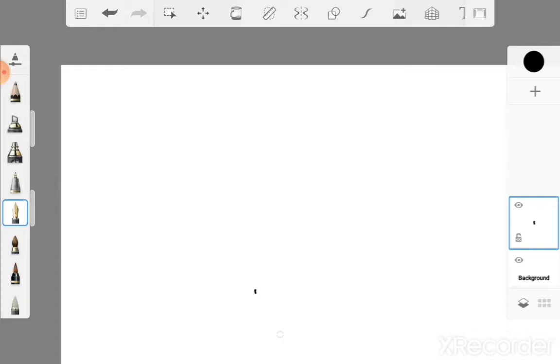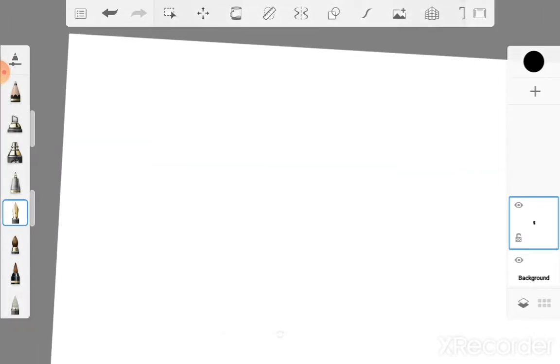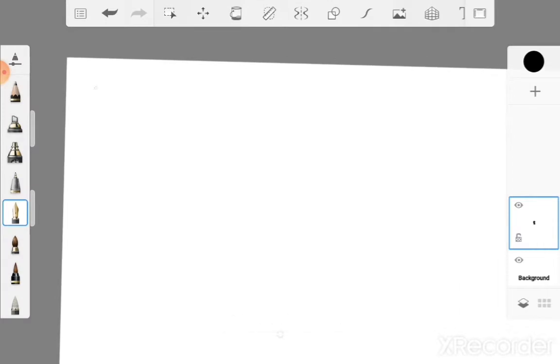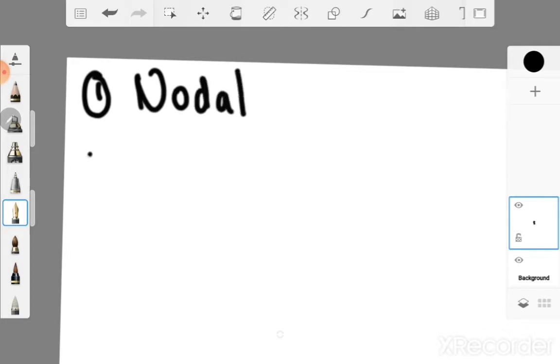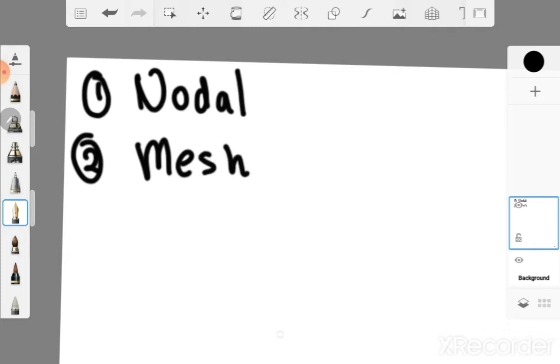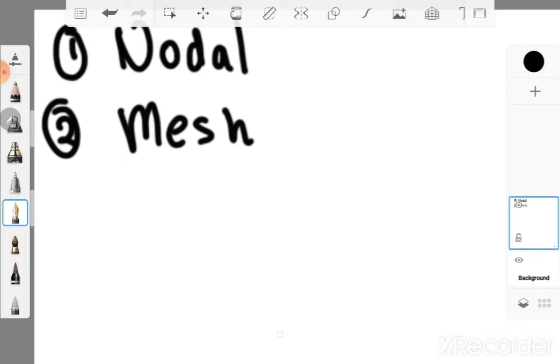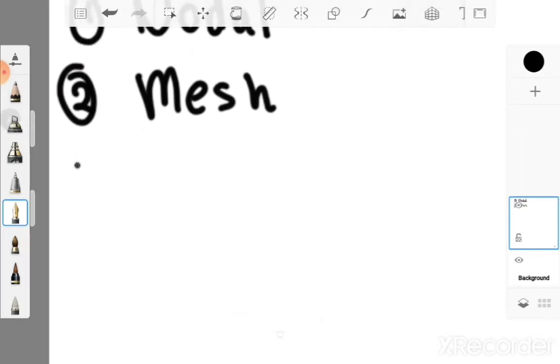That's where our other circuit analyses come in, which are, number one, nodal analysis and mesh analysis. So, we have your nodal and your mesh. In this lecture, I will discuss nodal analysis.